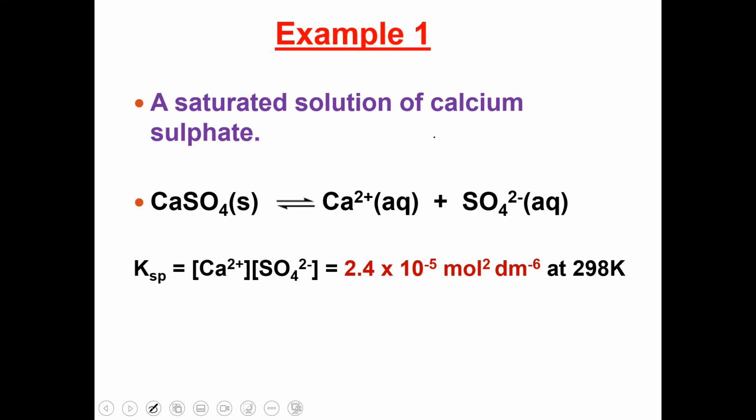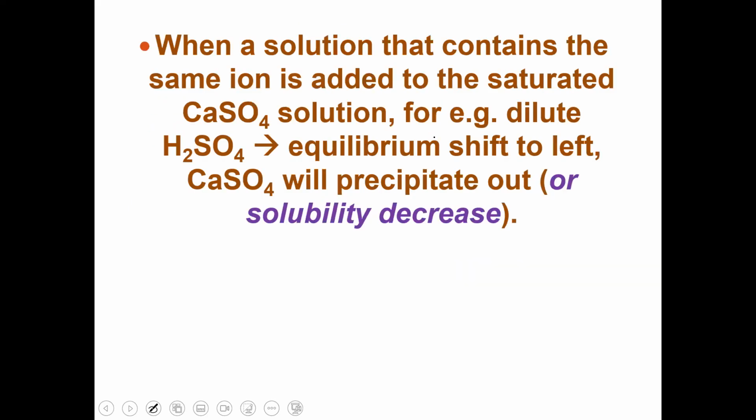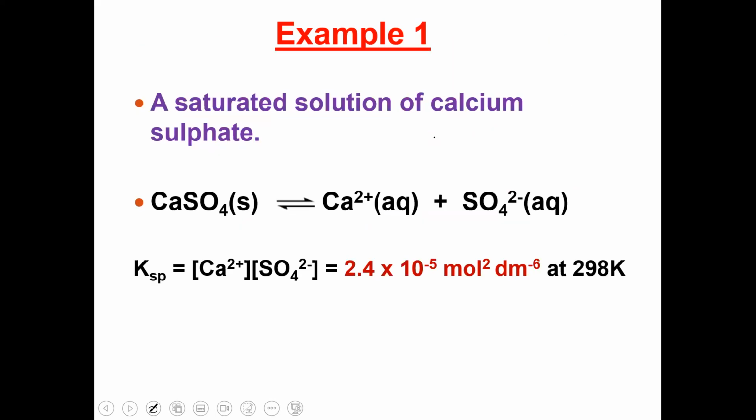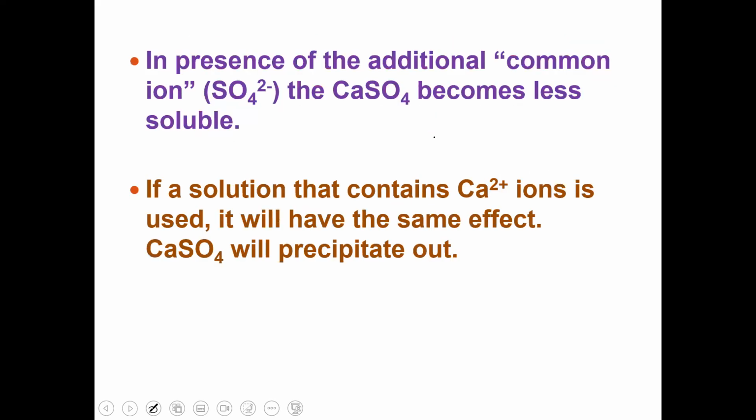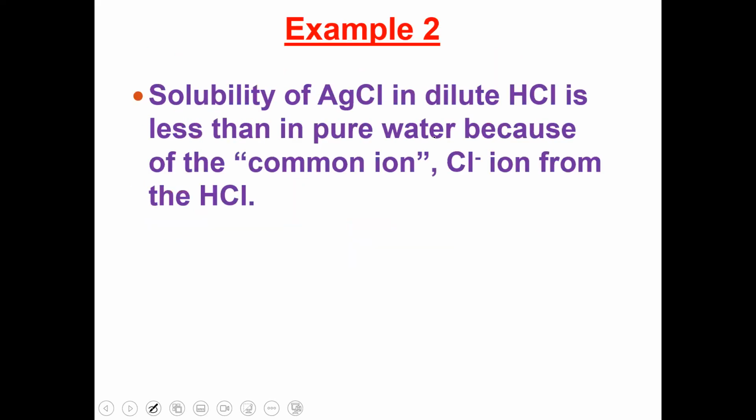Okay. Now, similarly, a calcium sulfate solution is there. The same logic will be applied because we are using a saturated solution of calcium sulfate. So you have to look for a common ion. When sulfate ions are present, the equilibrium will shift to the left, and that compound will precipitate.